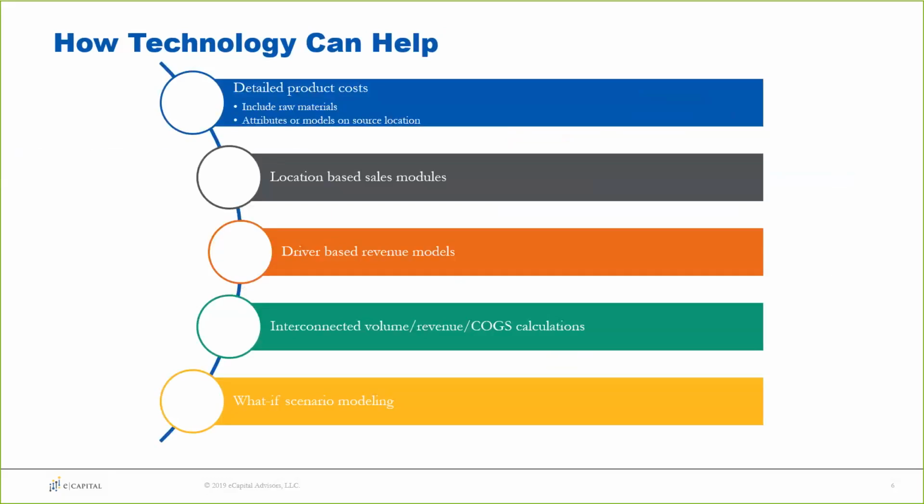So how technology can help. You can build a model where you have detailed product costs, and things are then just pulling levers and seeing what comes out the other side. So if you have a detailed product cost where you're including raw materials and you're potentially modeling on source locations.